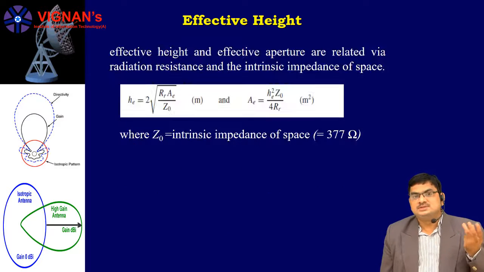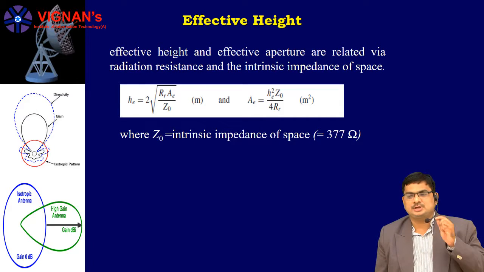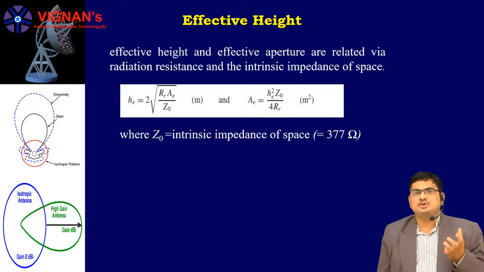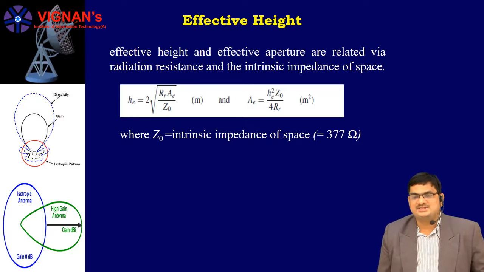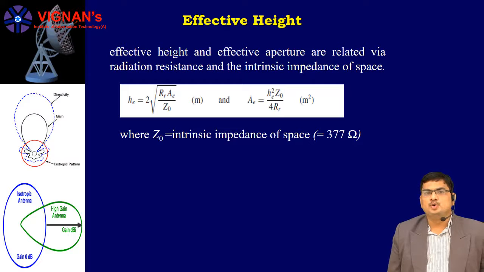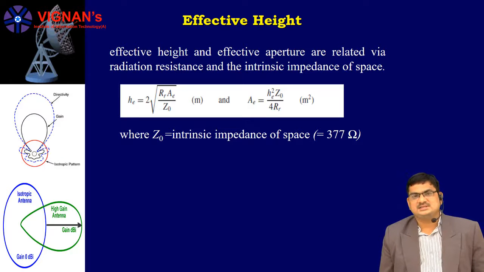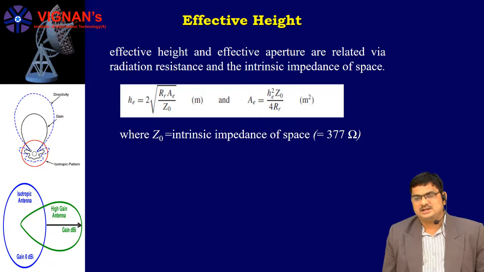This is the formula for effective height and effective aperture with relation to radiation resistance and the characteristic impedance Z0. H equals 2 into the root of radiation resistance into effective aperture by Z0, that is the intrinsic impedance, 377 ohms.